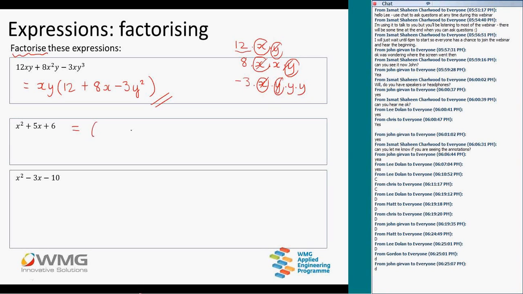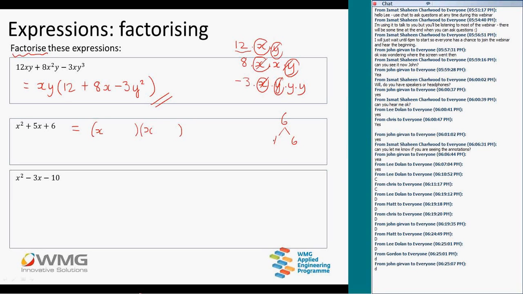We have to have an x times an x to give us this x squared here. The numbers here have to multiply to make 6. So I need to work out what numbers I need to write in here that multiply to make 6. I'm looking for factor pairs of 6. So 1 and 6 is a factor pair of 6 because that does make 6.